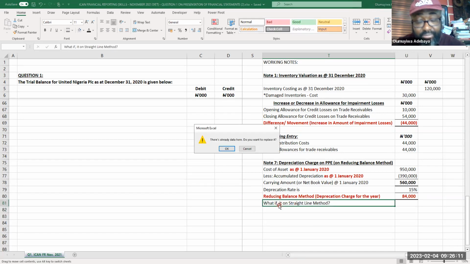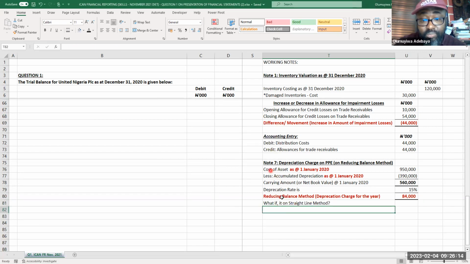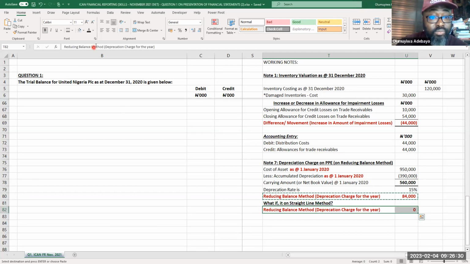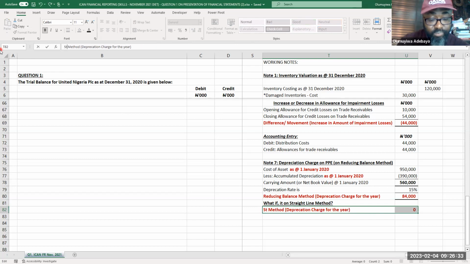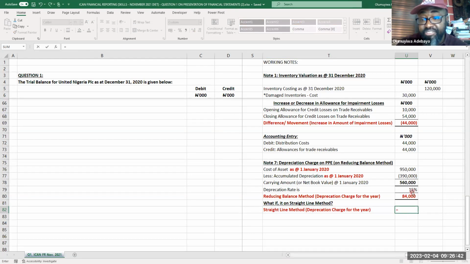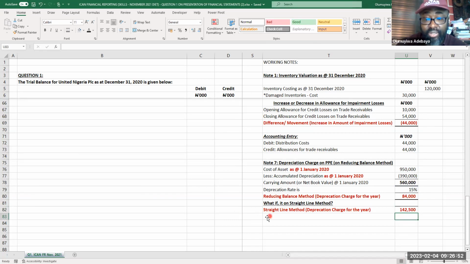If it's on the straight line method, the result will have changed to 15% of the cost, not of the net book value, which will have been 142, which means we are spreading it equally over some period of time.